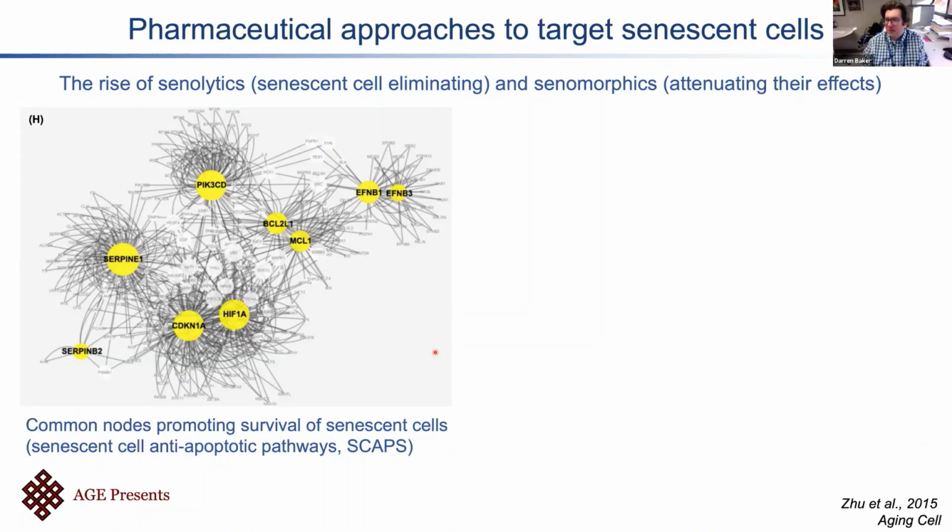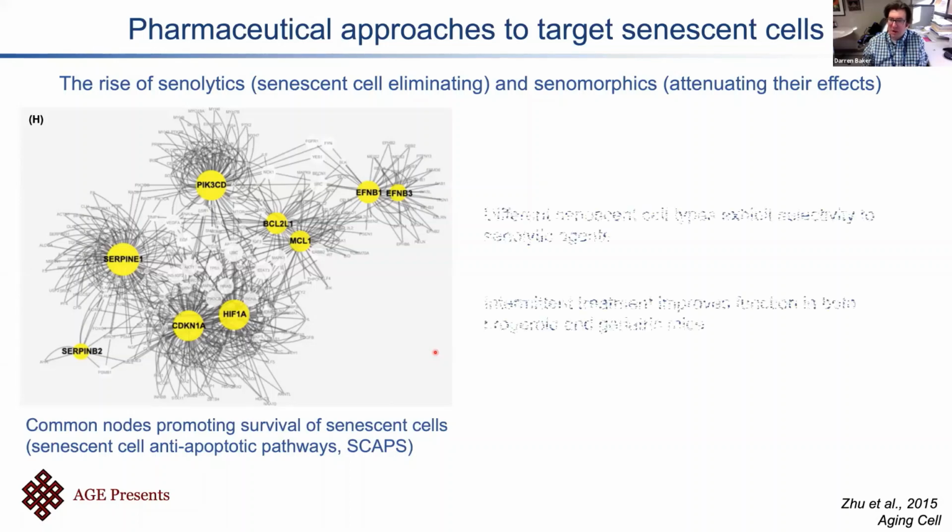If we believe that the pro-inflammatory secretory phenotype of senescent cells underlies the causation of disease, senomorphics try to attenuate the secretory profile of a senescent cell, such that you would still have a senescent cell around, but it would not be secreting some of these negative compounds that we think really influence other cells in the environment negatively.